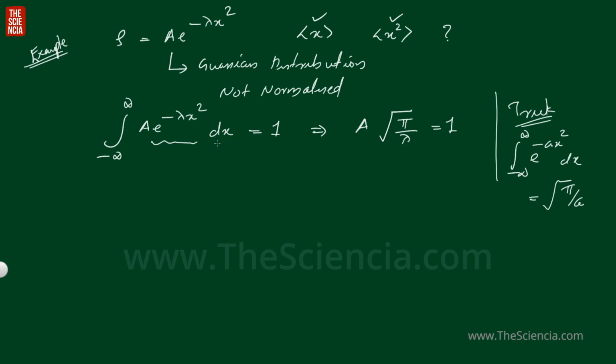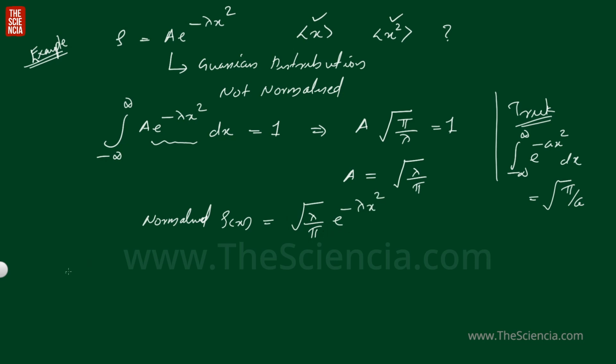So here in this question, in the position of a, lambda is there. So we get a into root pi by lambda is equal to 1. So we can find the value of a, that is equal to root lambda by pi. So the normalized distribution function is root lambda by pi e raised to minus lambda x squared.